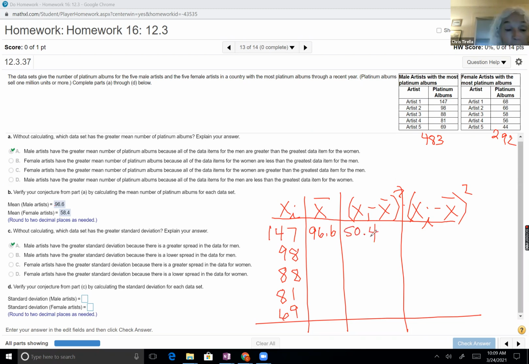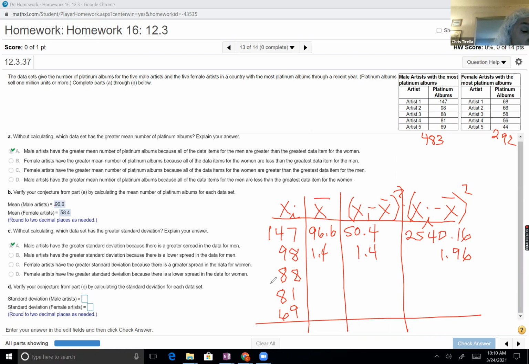And while that's in my calculator, I'm just going to square it. So that gives me 2540.16. Then next one, 98 minus 96.6 is 1.4. With that in my calculator, I'm going to square that and that gives me 1.96.